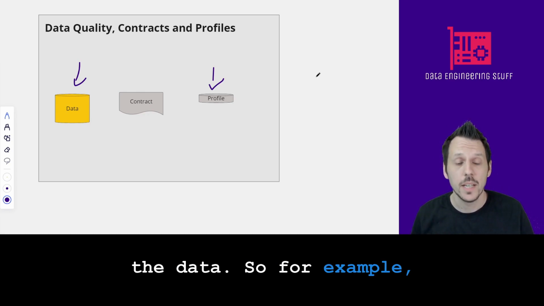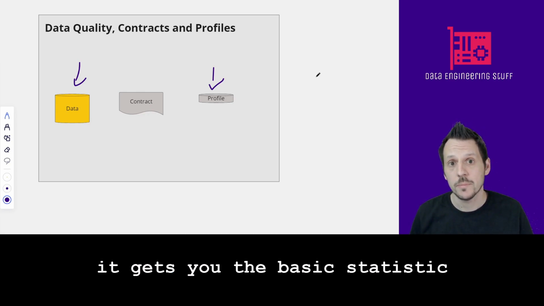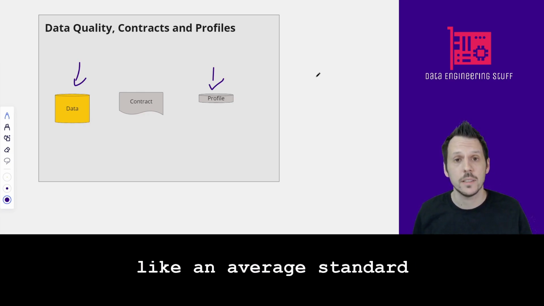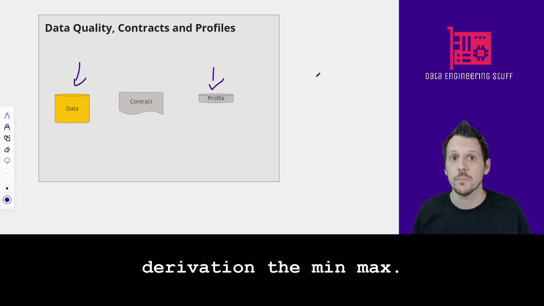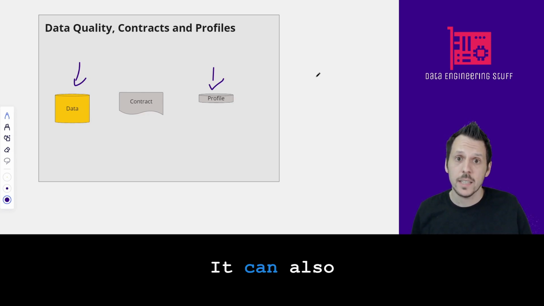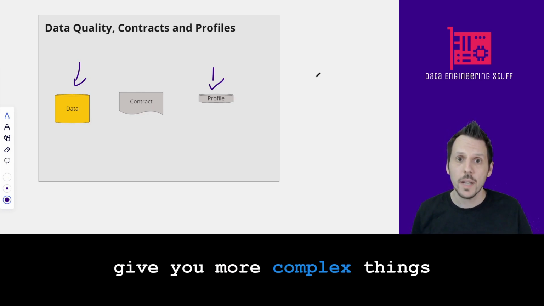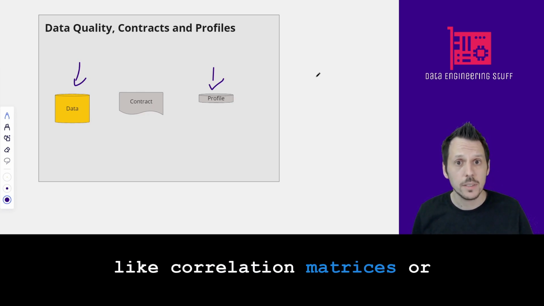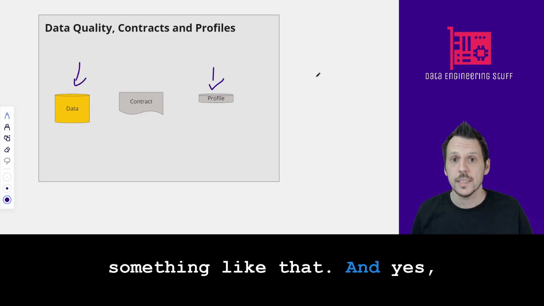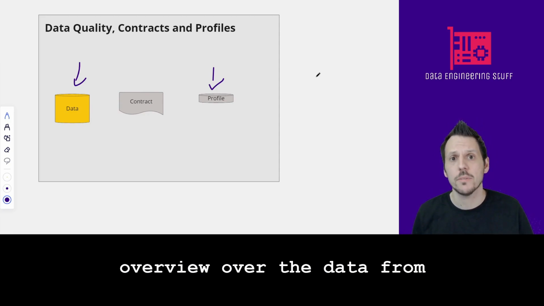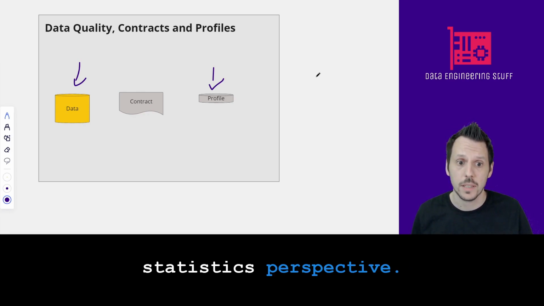So for example, it gets you the basic statistic values for every column, like an average, standard deviation, the min, max. It can also give you more complex things like correlation matrices or something like that. And yes, it basically gives you an overview over the data from a statistics perspective.